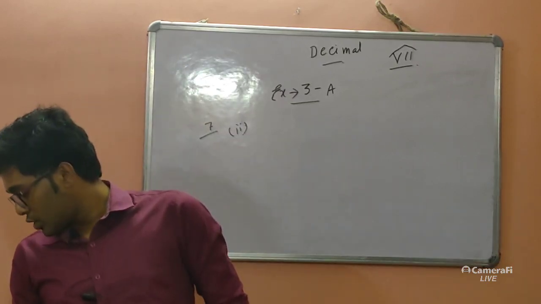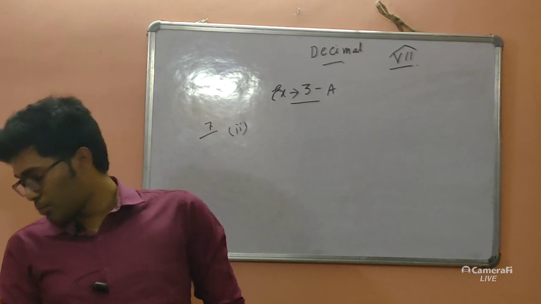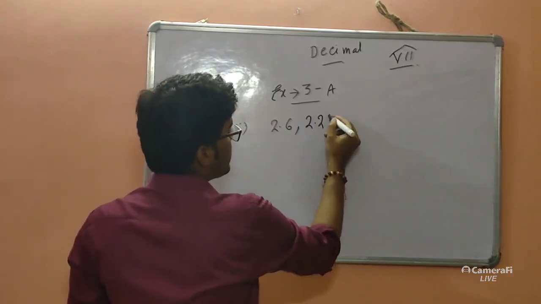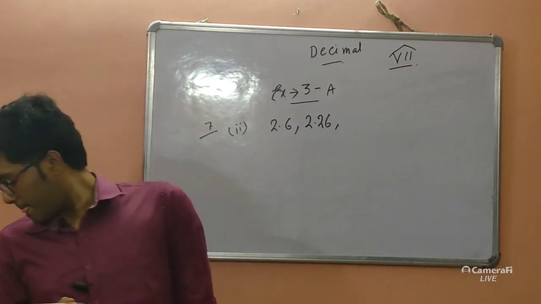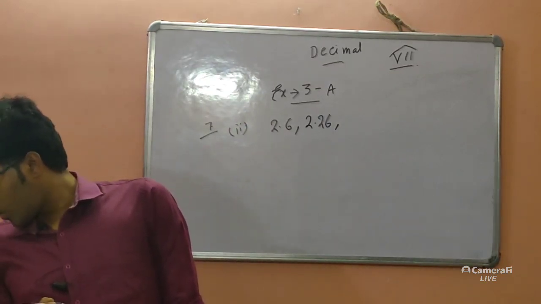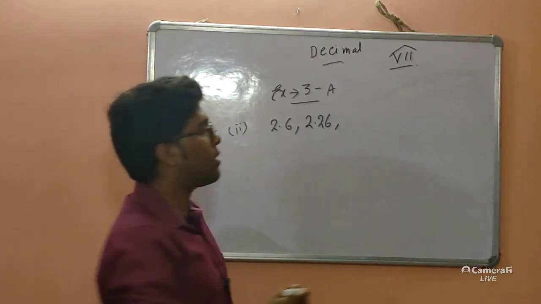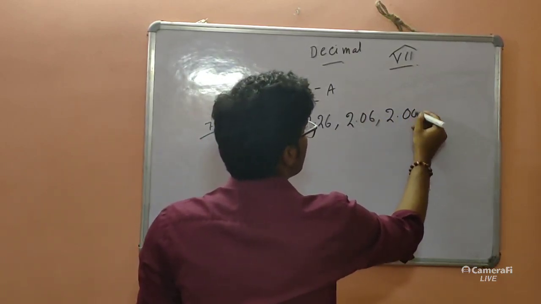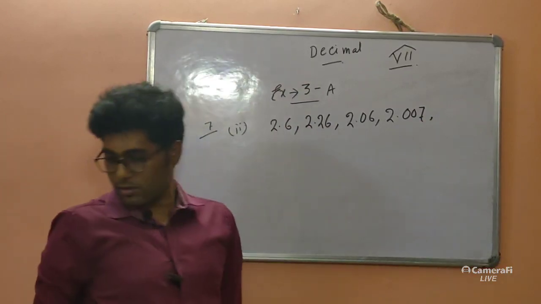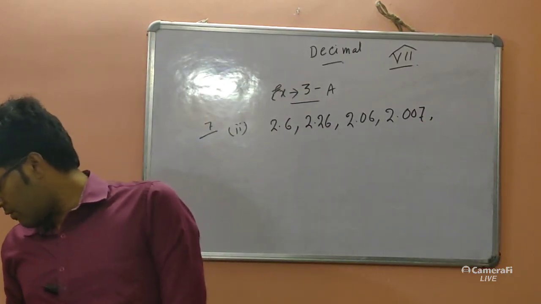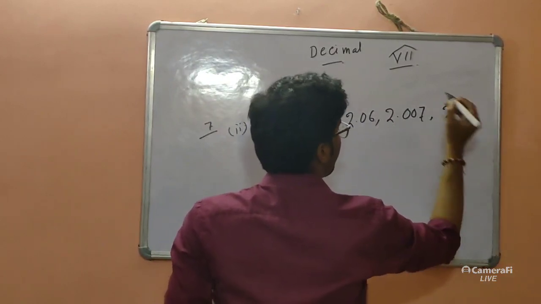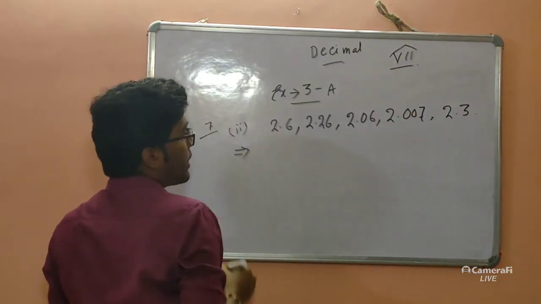At first write the sum. 2.6, 2.26, 2.06, 2.007, and then we have 2.3. Now write in order.